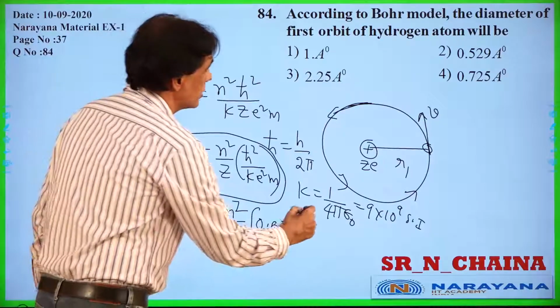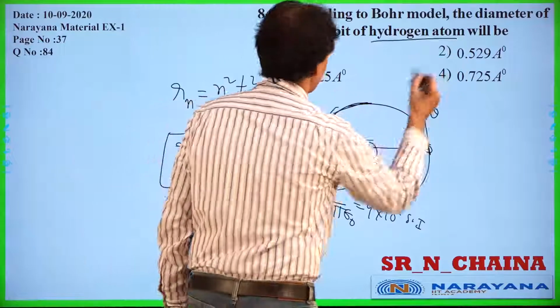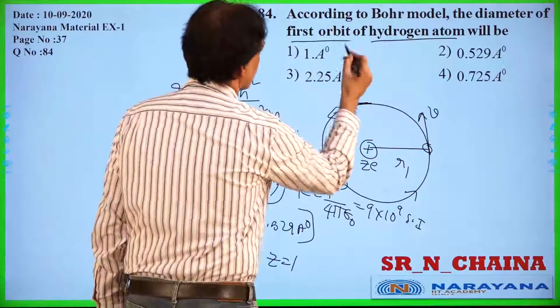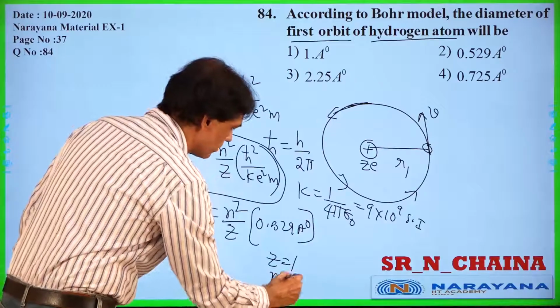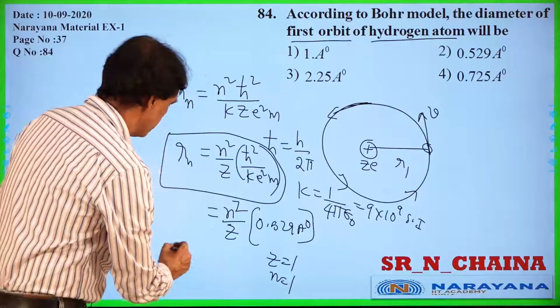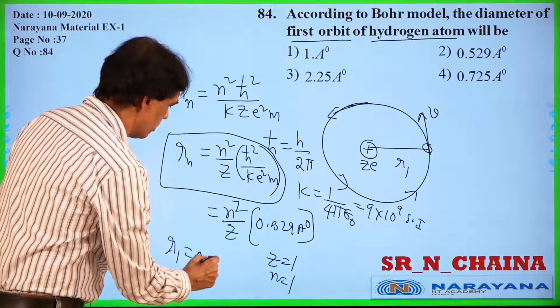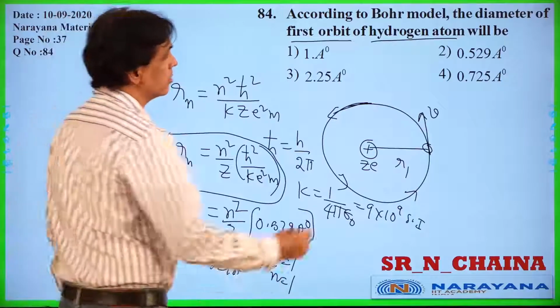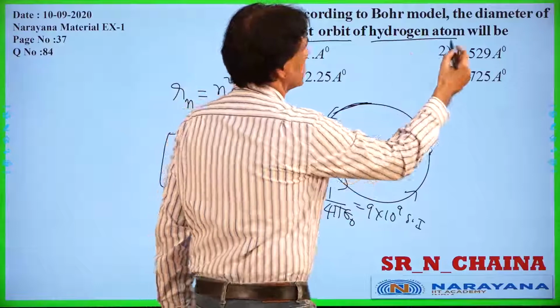The question is about hydrogen atom, so z value is 1, and it is about first orbit, so principal quantum number is 1. Therefore, finally, we get R1 equal to 0.529 angstrom units. But the question is about diameter.